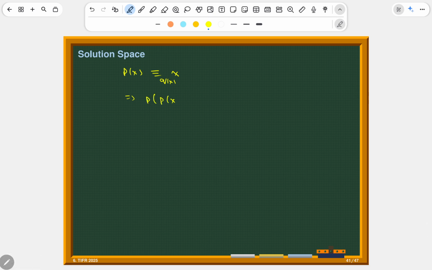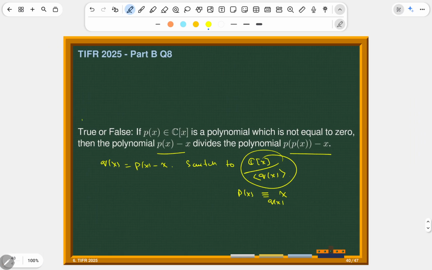So P of P(x) will be congruent to P(x) modulo Q(x), but P(x) is again x modulo Q(x). So this implies that Q(x) will divide P of P(x) minus x. And this was exactly what was asked. So therefore it's true.